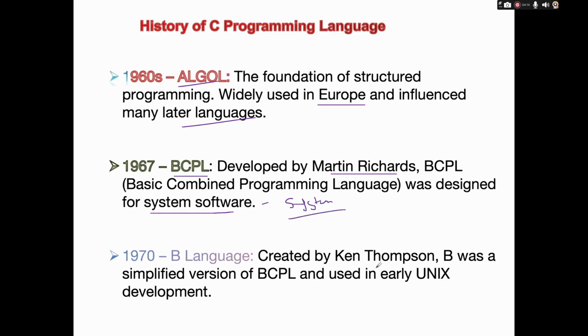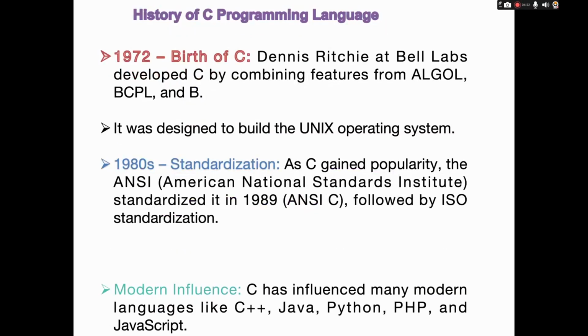Then the B language was created by Ken Thompson. B was a simplified version of BCPL and used in early Unix development, as I said. Then the birth of C language: Dennis Ritchie at Bell Labs developed C by combining features of all these, and designed the Unix operating system to build.